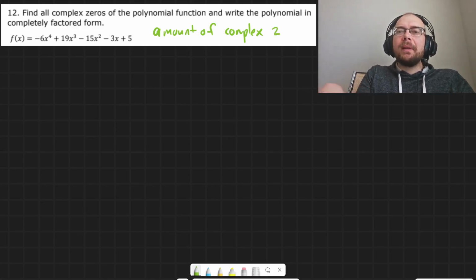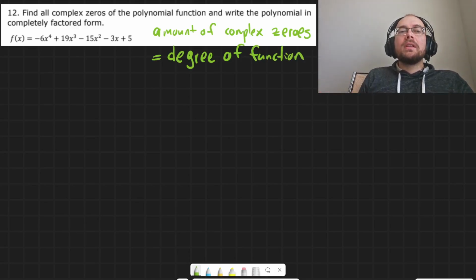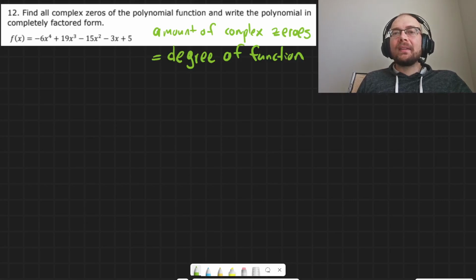Amount of complex zeros is going to be equal to the degree of the function. So because this is a fourth degree polynomial, we are expecting 4 complex zeros. And again, some of those could be multiples, like if a certain zero goes in more than once, we would count that more than once. But there are going to be 4.